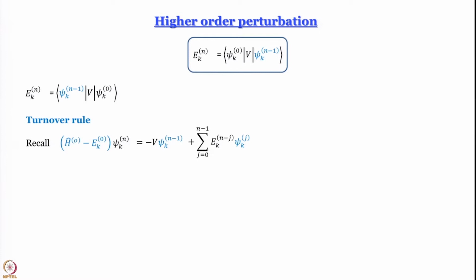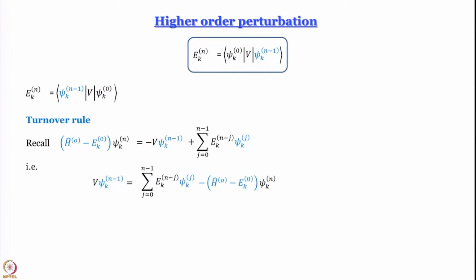So that is how things can simplify a little bit. First, we are going to make V psi k n minus 1th the subject of the formula. Bring it to the other side, then on the right hand side you will be left with the summation, and you have to bring the term h 0th minus e k 0th operating on psi k nth to the right hand side, and it will get a minus sign.